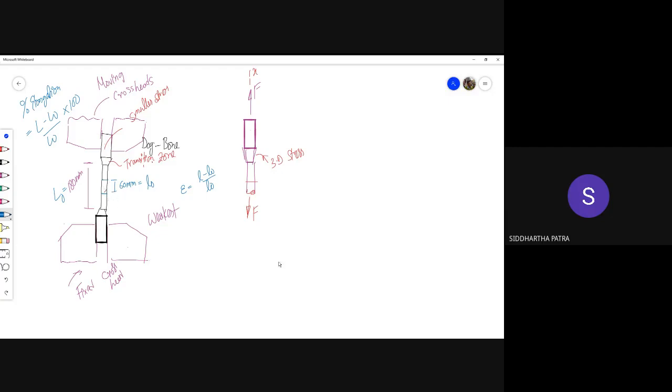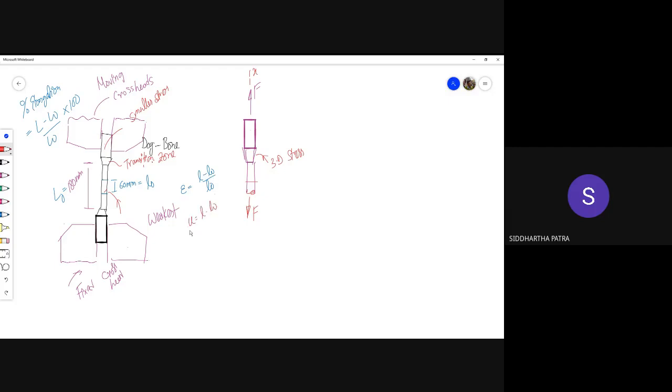Next comes, how do we measure the strain and how do we measure the stress? Actually, we do not measure the stress, nor do we measure the strain. We actually measure the change in length. So we define U as L minus L0.